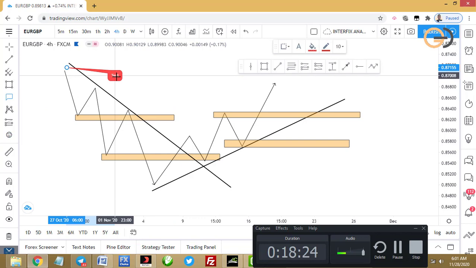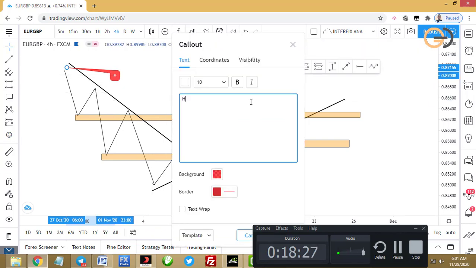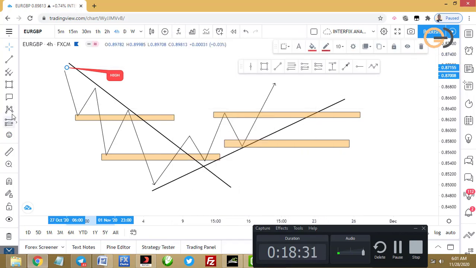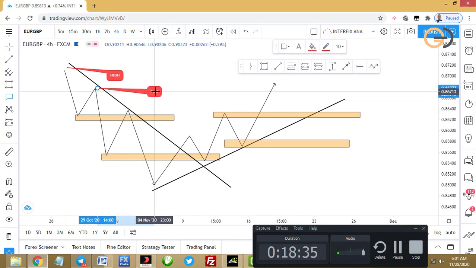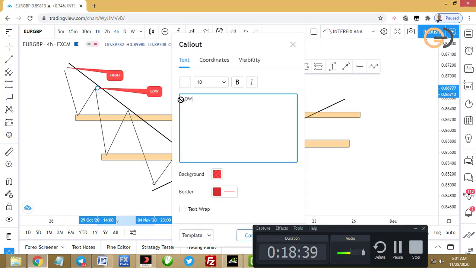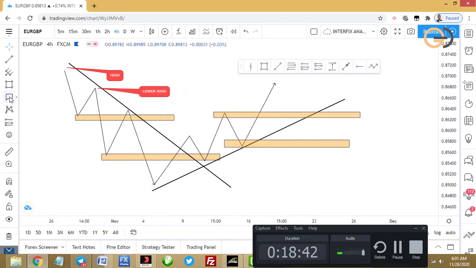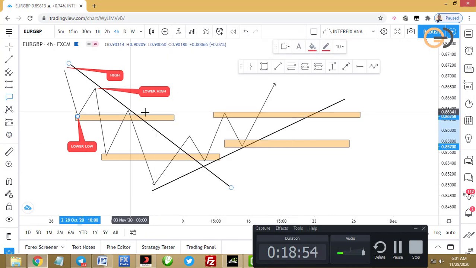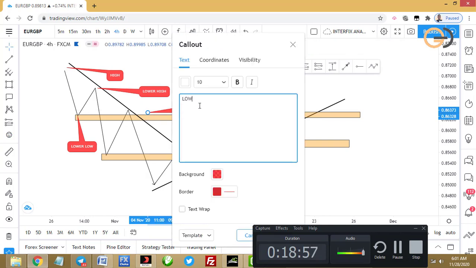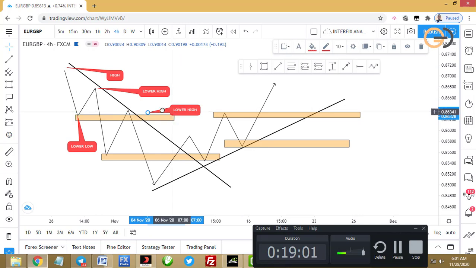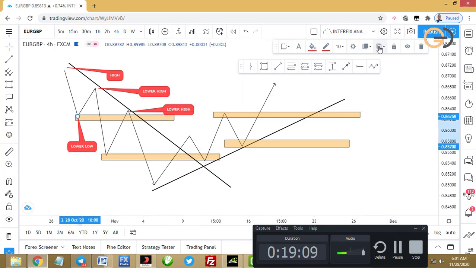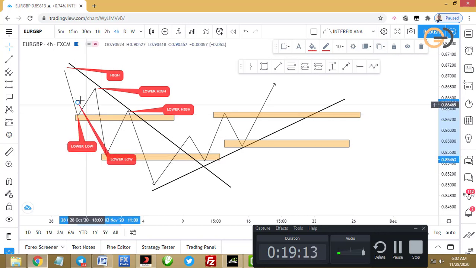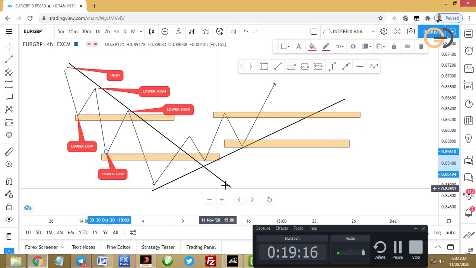Okay, so the market starts with what we call a high, and then it forms a lower high, and then it forms a lower low, and then it forms another lower high, which is this, sorry, and then it forms, let me clone this, a lower low, just like that.